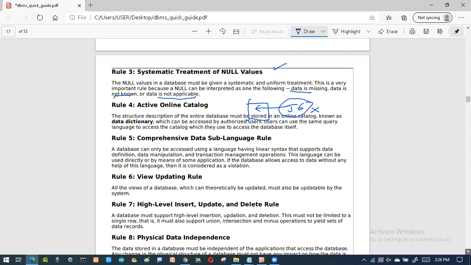It is just translating temporarily. The data is stored in English only, but when I'm asking, it is translated. The GUI, the plugin, translates into Telugu so that I can understand and reply. This is what the comprehensive data sublanguage is. Such a problem should not be there, whatever the transactions I'm doing, the definitions or manipulation transactions.